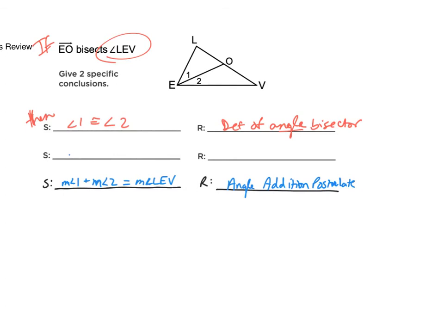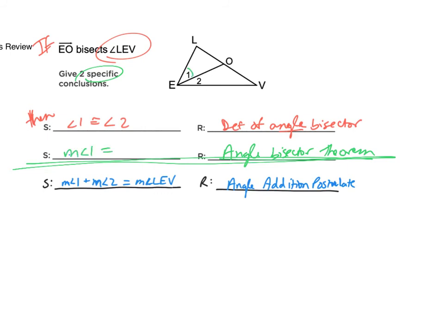So there's one other more specific conclusion that I'm going to say would be better than saying that. Not that that's wrong, but not the most specific when I say specific. So I would encourage you to use your angle bisector theorem as another option here. Remember that says not that the two parts are equal. That tells me angle 1, not that it's equal to angle 2.